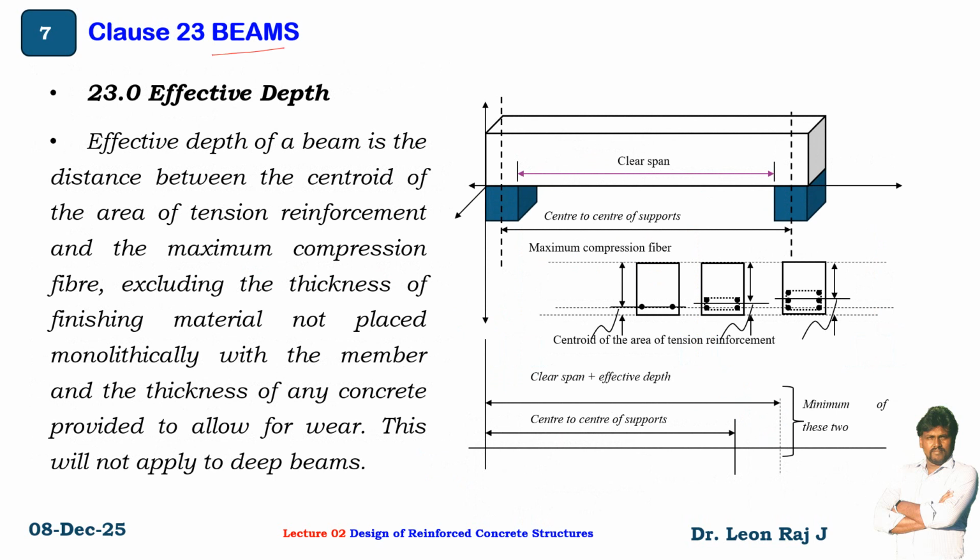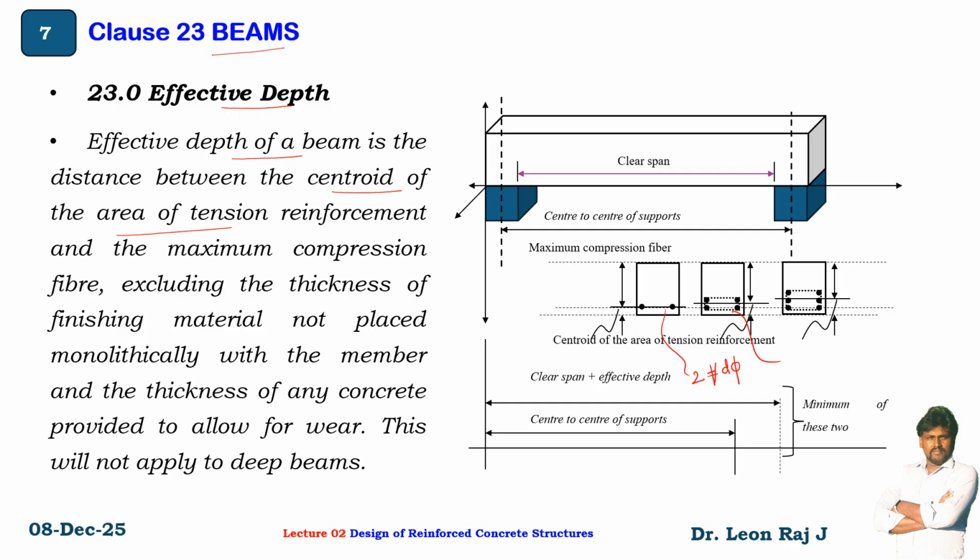Then effective depth. What is the effective depth? Effective depth of a beam is the distance between the centroid of the area of tension reinforcement. So this is the tension reinforcement. Here you can see two numbers of, say, D diameter bars.